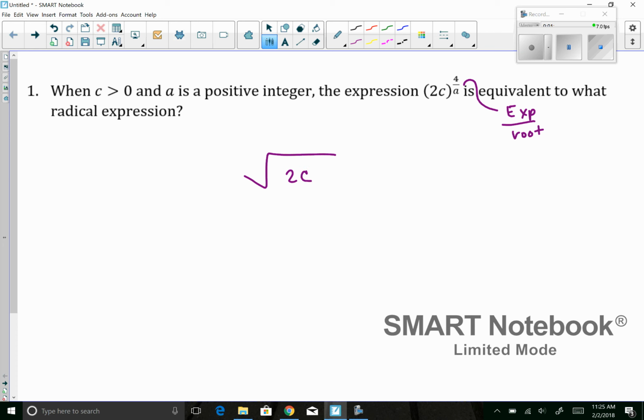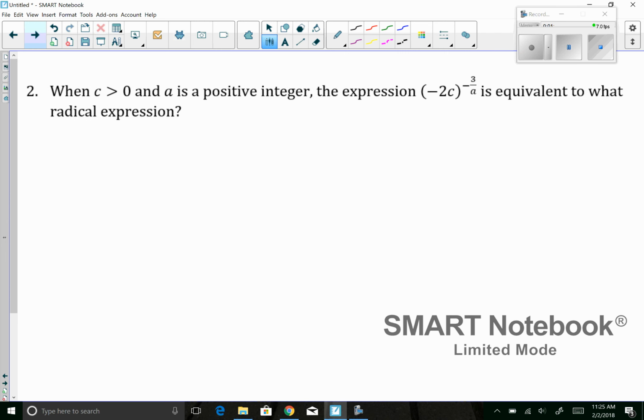Since the root is a, I'm going to put a in the little index spot. And since the exponent's 4, I'm going to raise that to the 4th power. This is a perfectly acceptable answer. An equivalent answer would be 16c to the 4th, because 2 to the 4th is 16.